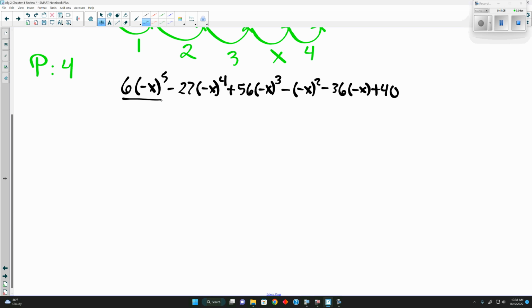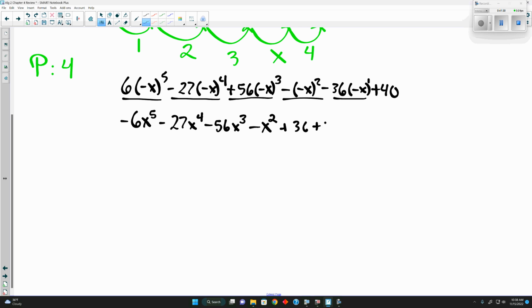So for our first one here, the power is odd, so it goes from positive to negative. The next one is even because it's a 4, so the sign stays the same. The next one is odd, so it changes from positive to negative. The next one is even, so it stays the same. The next one is odd because it's really to the first power, so it changes to positive. And our constant term is not affected because it doesn't have a variable.